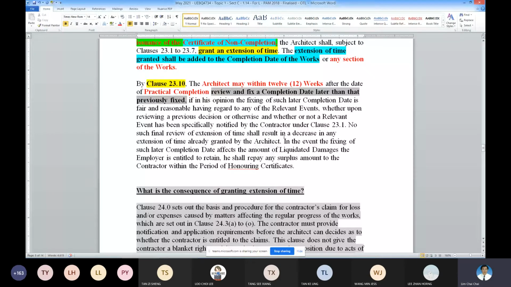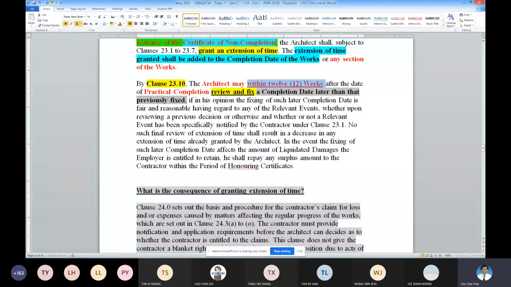So it could mean that earlier there must have been some problems or errors, or sometimes there are genuine situations. The principle is this: these are rights given to the architect. Whether the architect would like to make use of this clause is their choice; it is the power to review within 12 weeks after CPC, without any contractor's application.